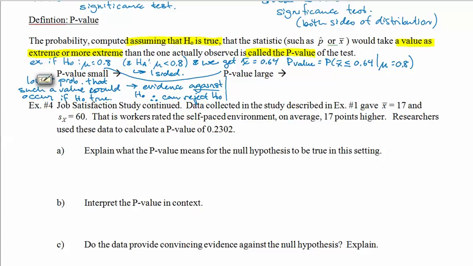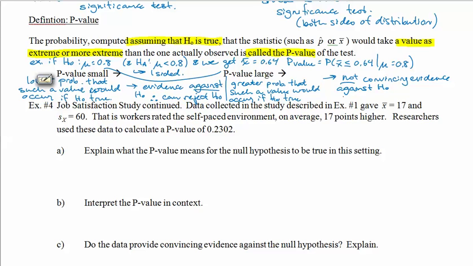If our p-value is large, in other words, we have a greater probability that such a value, or a statistic, would occur if H naught is true, then this is not convincing evidence against H naught, therefore we fail to reject H naught.